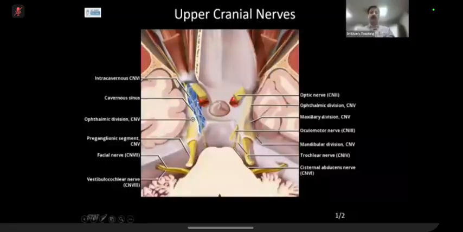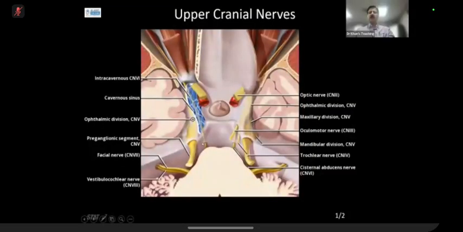And I'll show you a case, which is an exam case, petrous apicitis, where there is inflammation or infection at the petrous apex. And you can see the anatomy here, that this is the region.